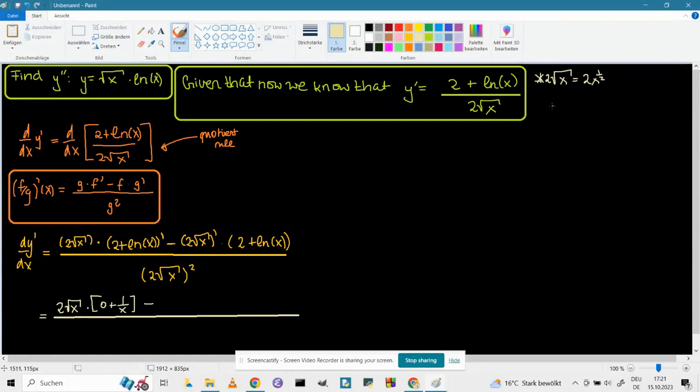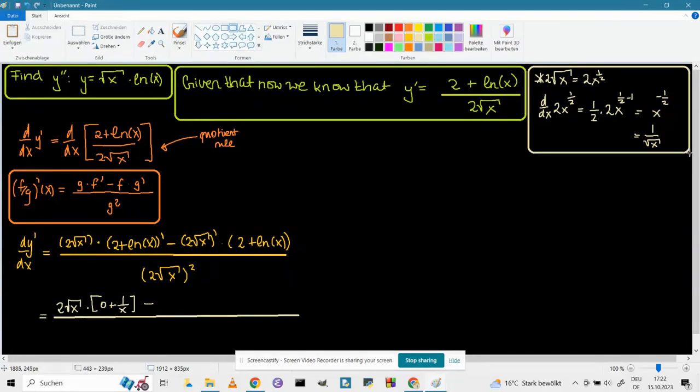So if we want to derive that, dy dx of 2x to the 1/2 is going to be 1/2 times 2x to the 1/2 minus 1, which is going to equal x to the negative 1/2, which actually is 1 over the square root of x. So now I'm going to put that in some kind of boundary so we don't get confused.